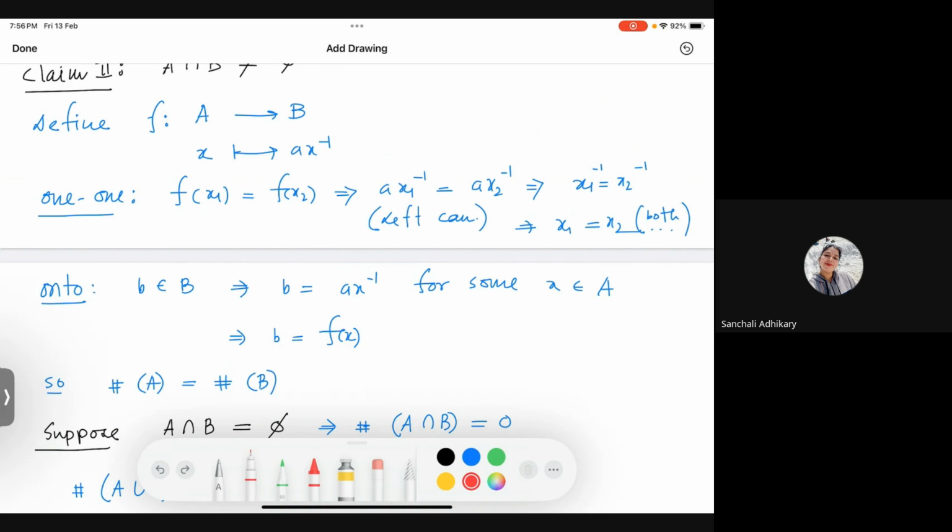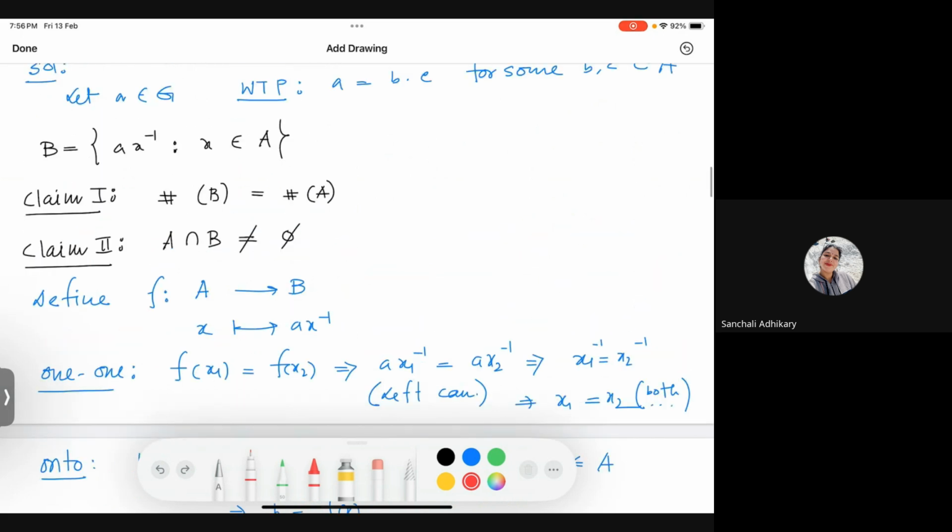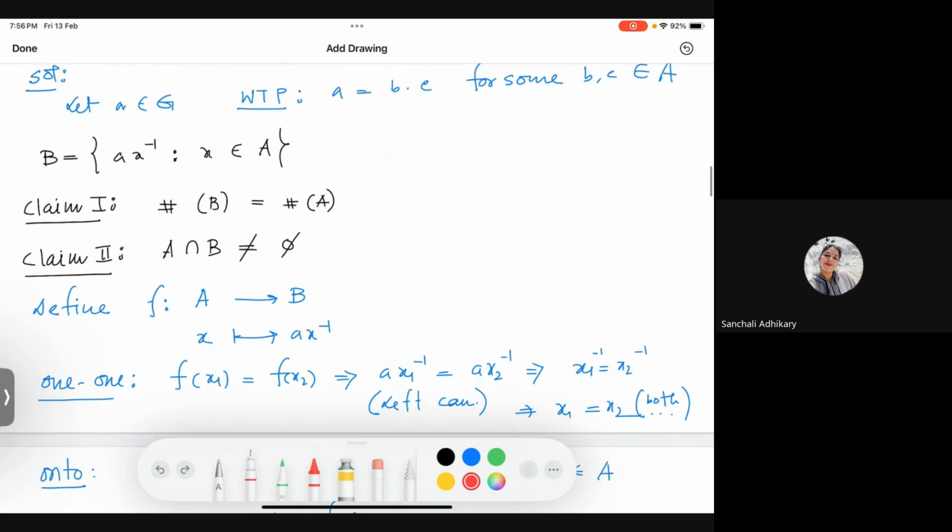So this is the process to show the cardinality of two sets are equal. If I am asking whether the cardinality of two sets is equal, it means try to find a bijective function from A to B or from B to A. Otherwise, try to find a bijective function, 1-1 plus onto.